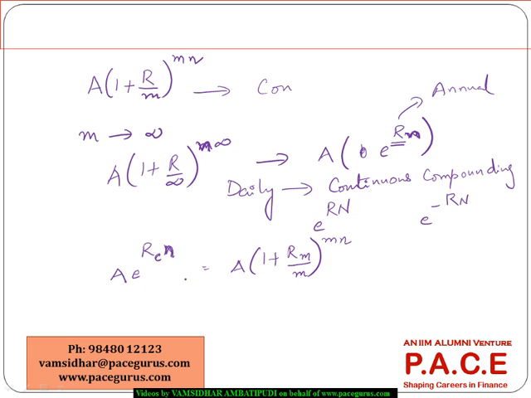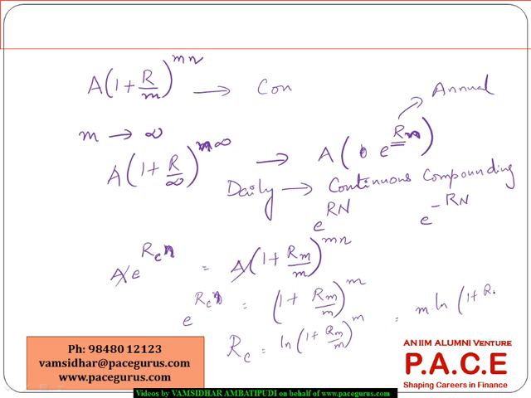So probably I can equate these: e to the power of Rc n is equal to (1 plus Rm by m) to the power of mn. So n I can take out, and e to the power of Rc, I'll take it to the power m. So from here Rc equals log of (1 plus Rm by m) to the power m, which is, pulling out the m, m log of (1 plus Rm by m), that is equal to Rc.